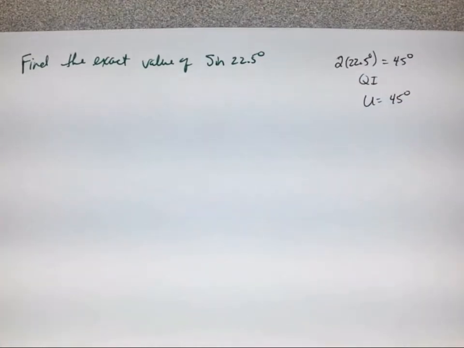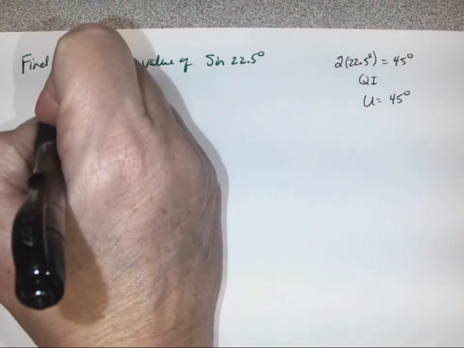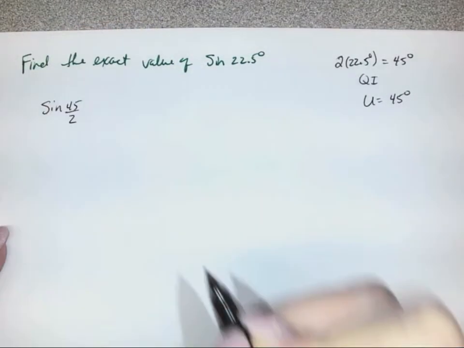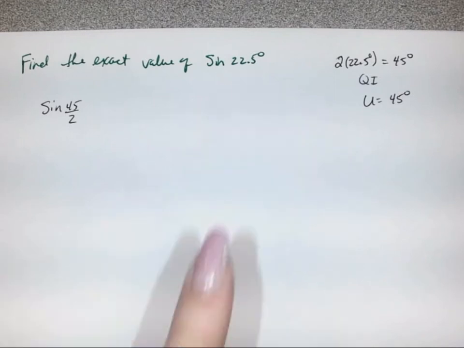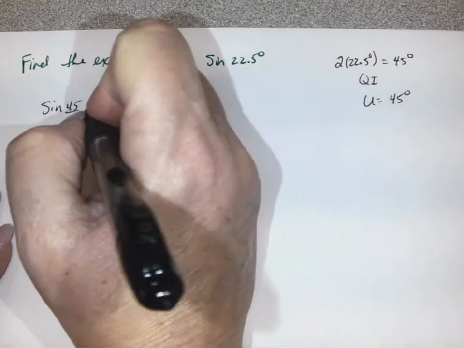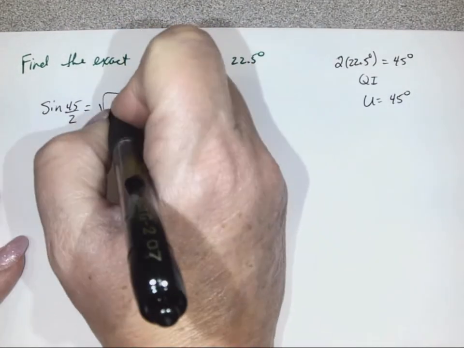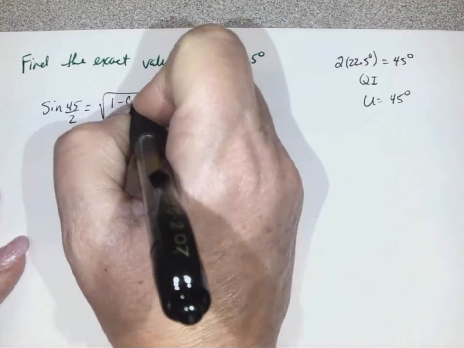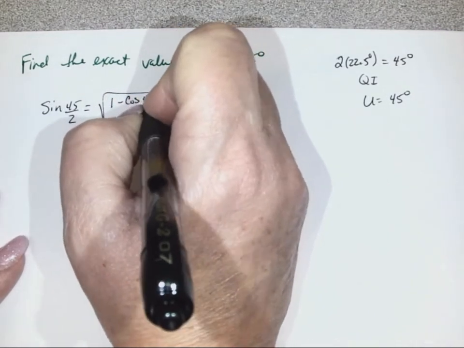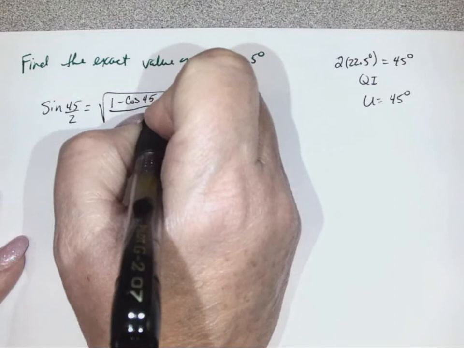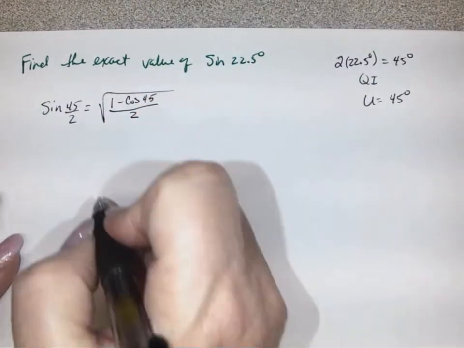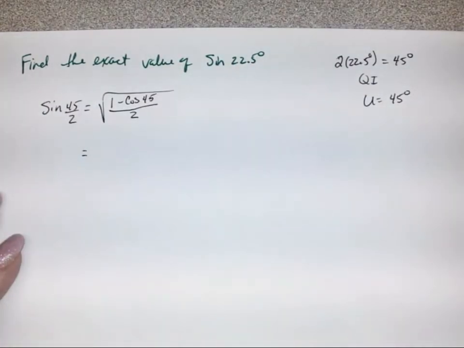We need to have an angle that we can use. So this will be the sine of 45 over 2, because that's the same thing as 22.5, will be equal to the square root of 1 minus the cosine of u, which is cosine of 45, all over 2. That's using the formula.